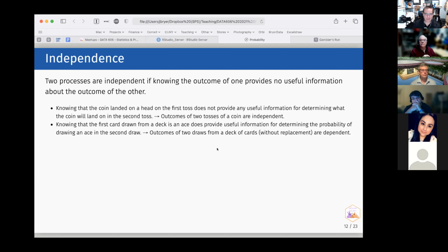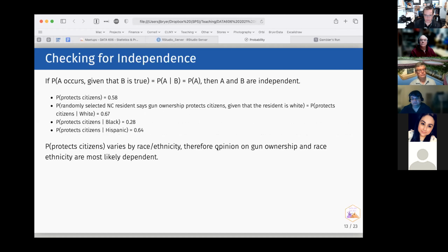There's been a movie, why can't I remember it, of the MIT students who were able to go to Vegas and watch blackjack, and by the fact that cards aren't replaced and they use multiple decks, you can say, whoa, geez, I saw a bunch of aces. So the probability of getting an ace is less right now, and that might change your bet. So those would not be independent outcomes.